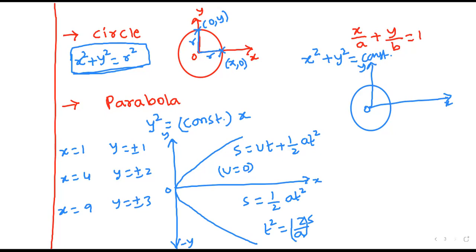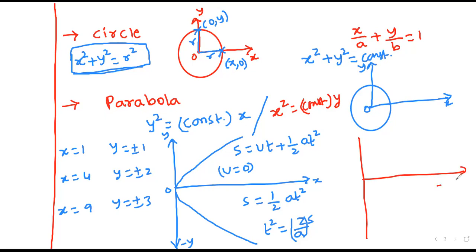The general equation is y square equal to constant into x, or x square equal to constant multiplied by y. Suppose I consider along the x-axis time and along the y-axis displacement.